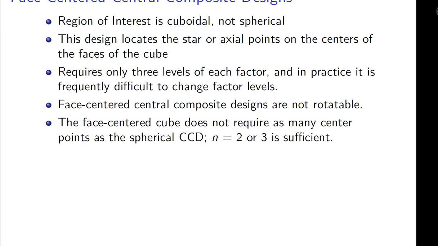But because of the way it's constructed, you don't need as many center points as the spherical. Remember, we needed 3 to 5 in a spherical, with 4 being typical for the 1/2 fraction. Here you can get away with only 2 or 3, because you have a built-in redundancy when you're trying to fit the 2-dimensional or the quadratic model.